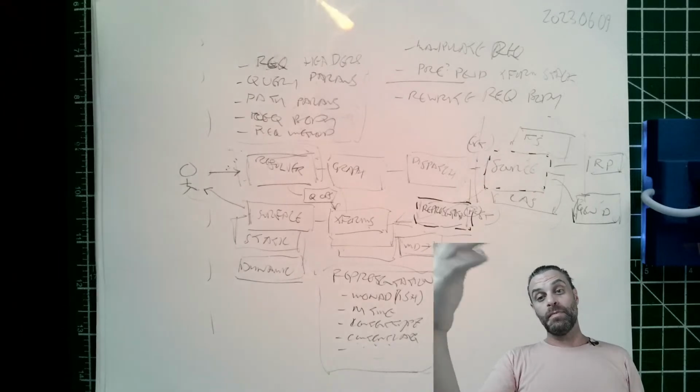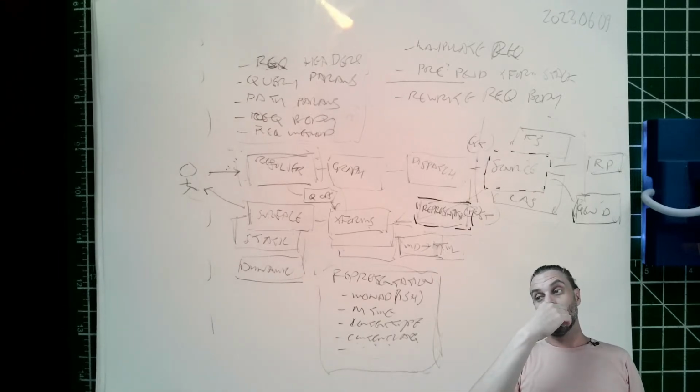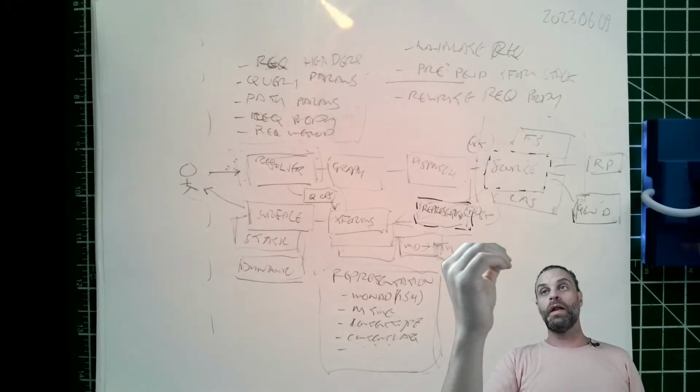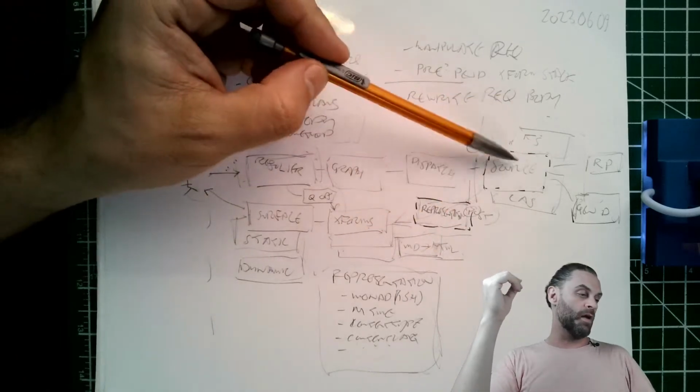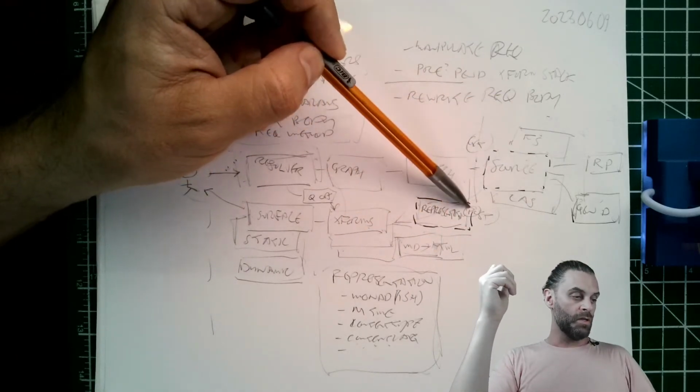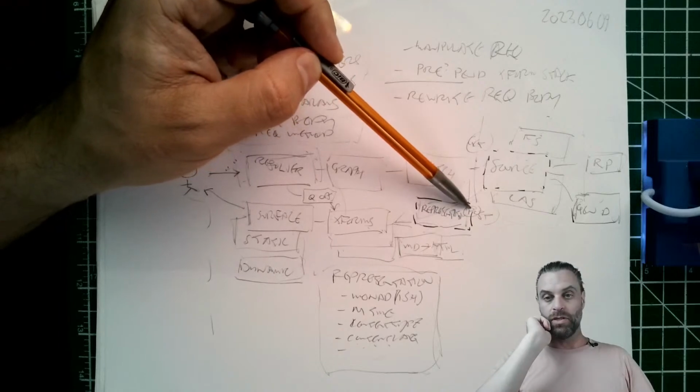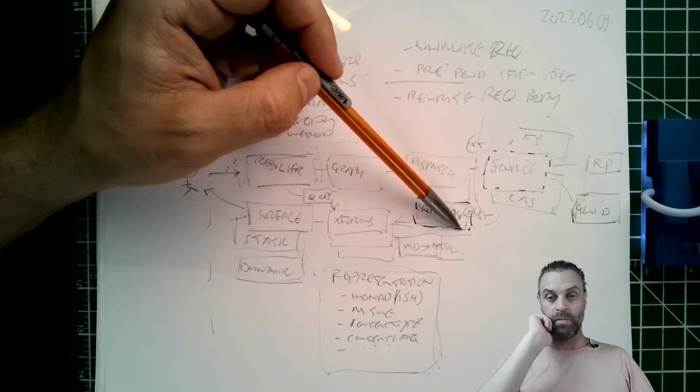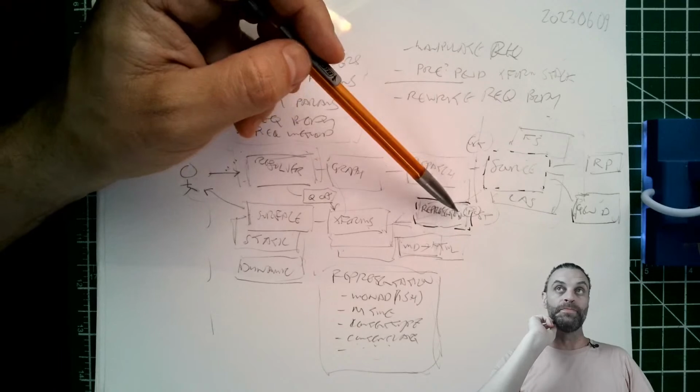So what happens here is that you've got the file system source. It poops out a representation that's just a byte stream of the markdown file.